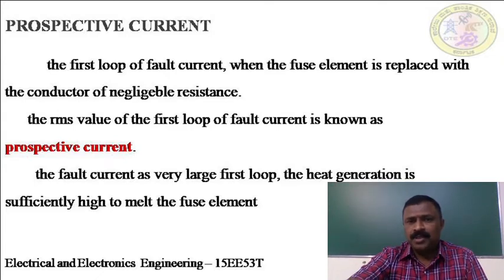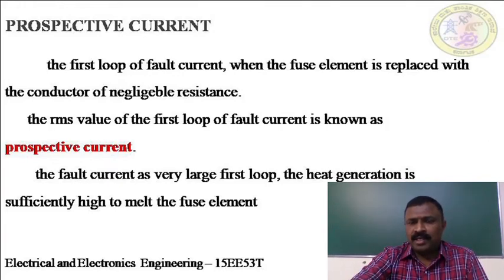The reason is, if you use a fuse element instead of a conductor of negligible resistance, the fuse element will melt before it reaches the peak of the first loop. Therefore, we can get the prospective current only by replacing the fuse element with a conductor of negligible resistance.